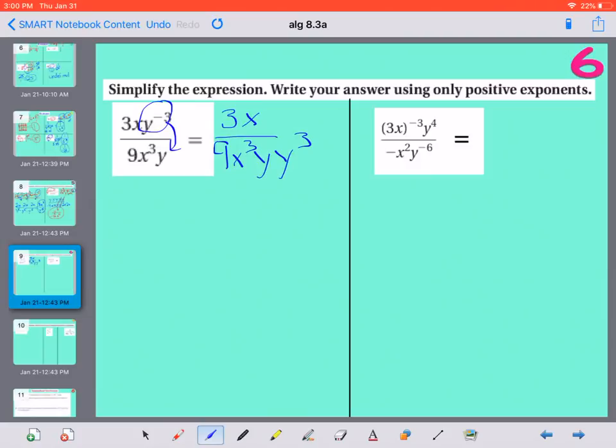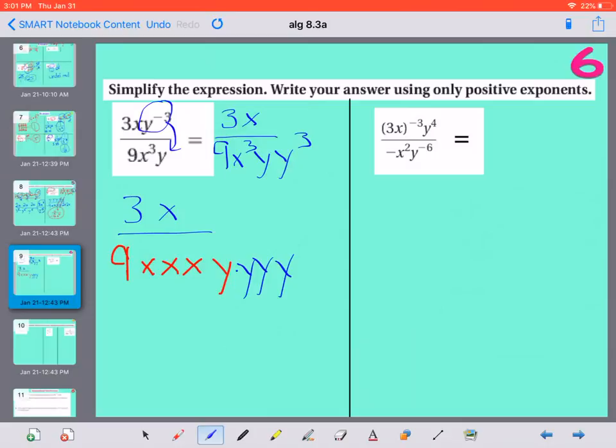So if we write these all out, then we're going to have 3 and x on the top. Then we would have 9, 1, 2, 3 x's, a y, and 1, 2, 3 more y's. Now what I see is an x on the top and an x on the bottom.